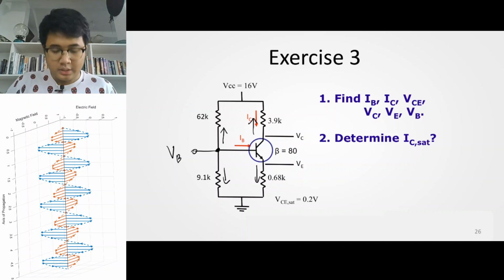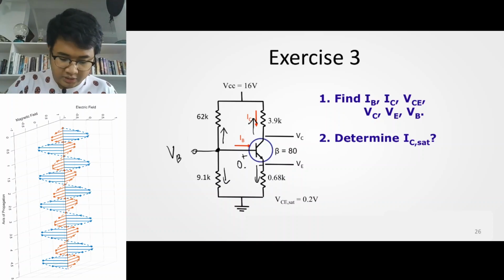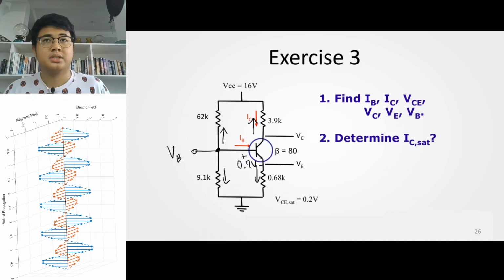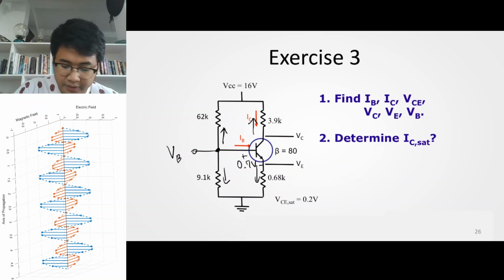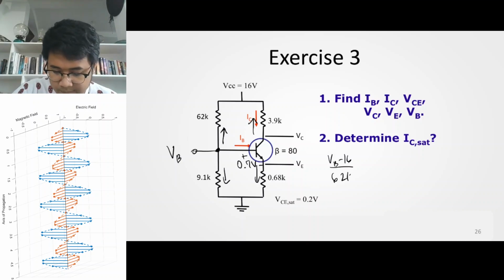Since it's in the forward active region, your VBE is at a voltage drop of 0.7 volts. So with 0.7 volts, we can set up the nodal analysis equation to solve for VB. Going up here, the current there is VB minus 16 divided by 62K.